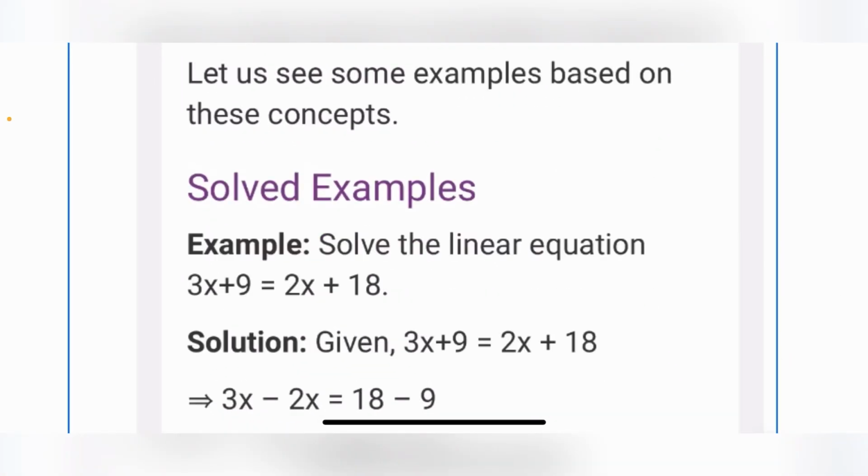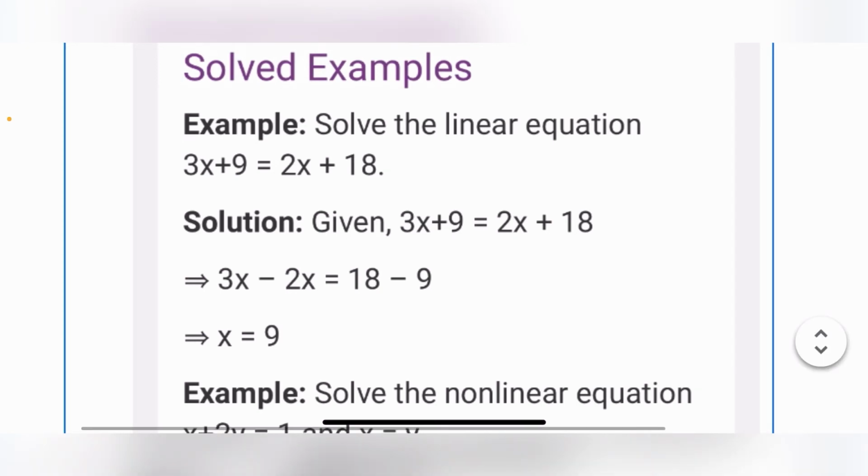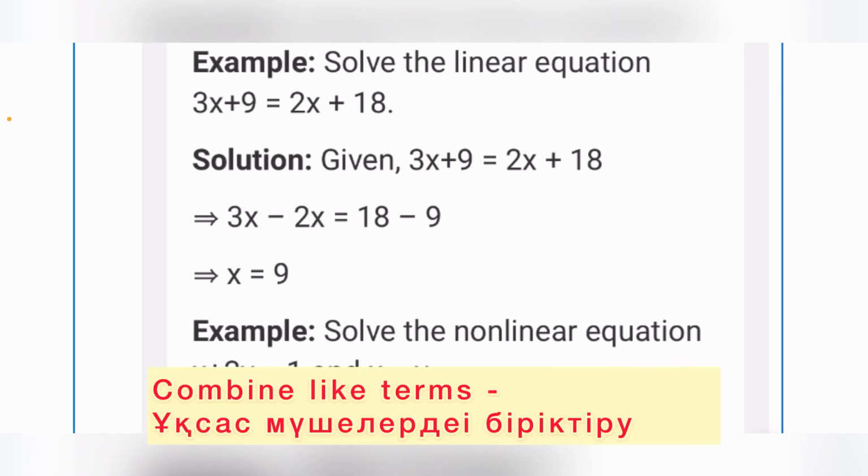Let's see some examples based on these concepts. Solved examples. For example, solve the linear equation 3x plus 9 equals 2x plus 18. We are given 3x plus 9 equals 2x plus 18. Now, we combine like terms.